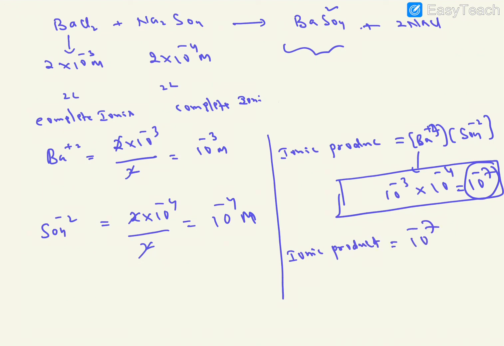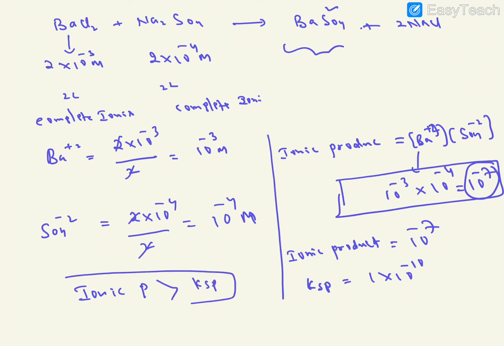This is the ionic product. So what is the KSP value, the solubility product? In the question they mention 1 into 10 to the power of minus 10. Which one is greater? Obviously the ionic product is greater than the KSP. So precipitation is taking place whenever they are mixed. I hope it is very clear.